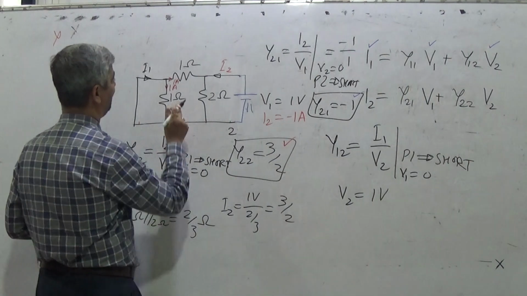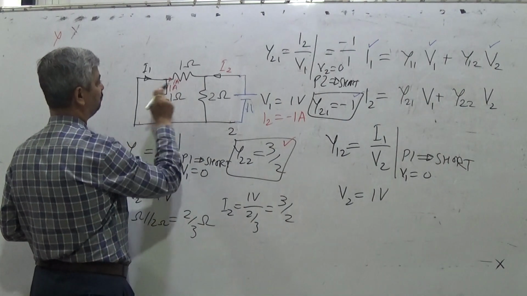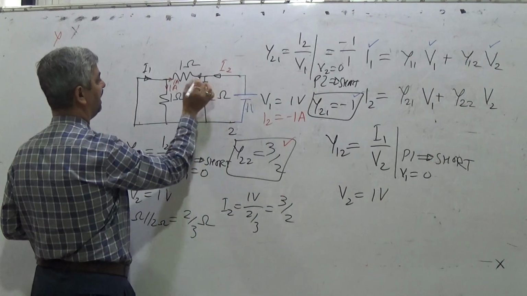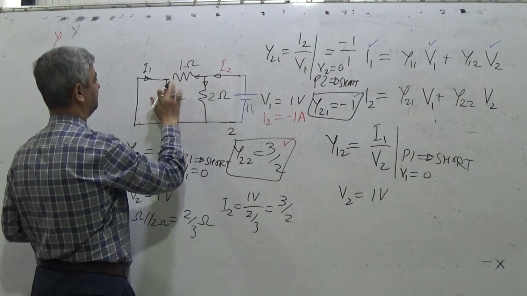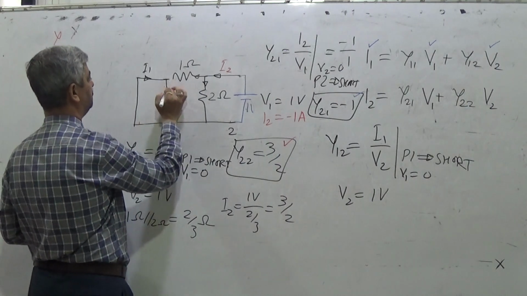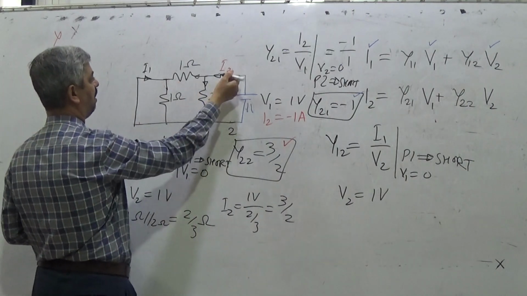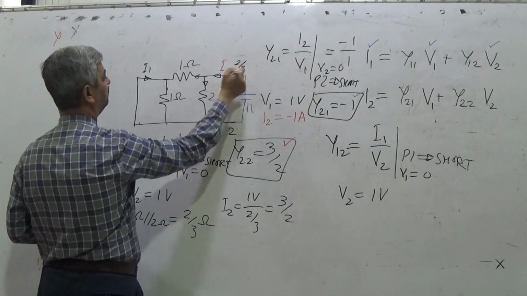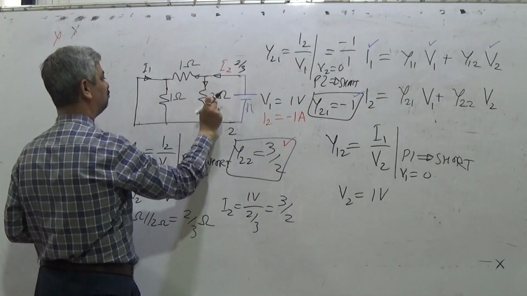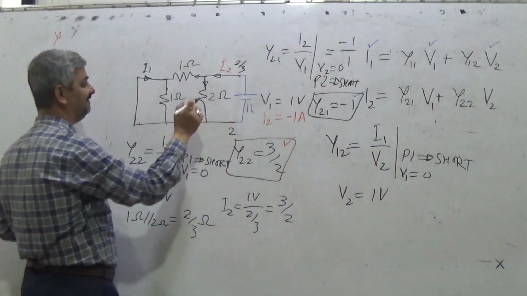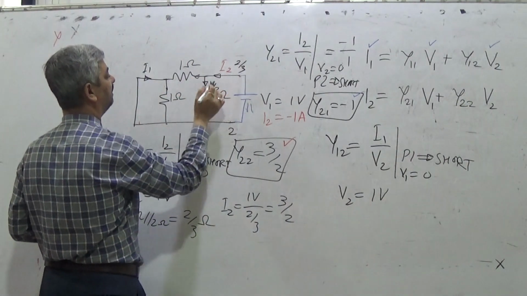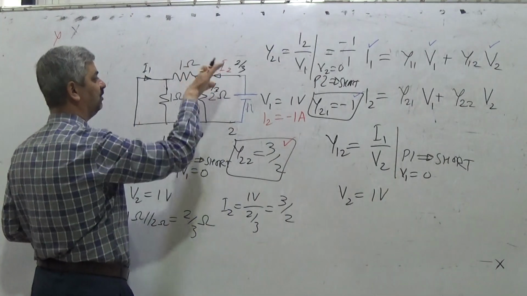Now of this current, something will come here and something will come here, exactly in the opposite way which we discussed last time. Out of this, this is 2 and this is 1. Currents flow in the reverse ratio of resistances.